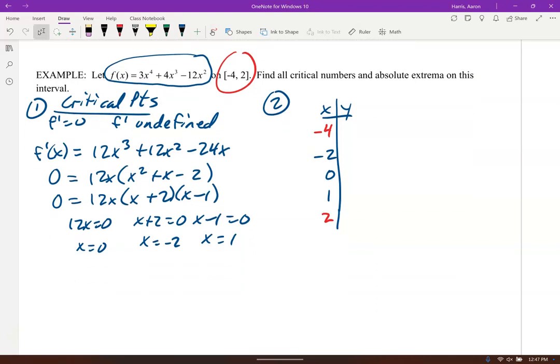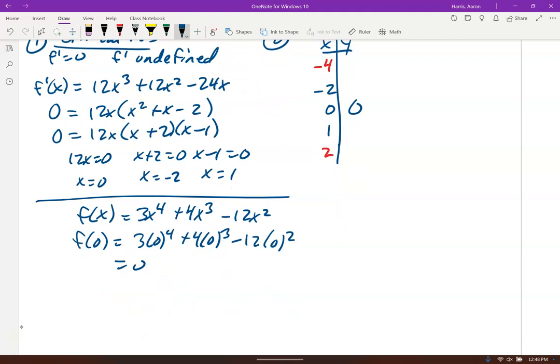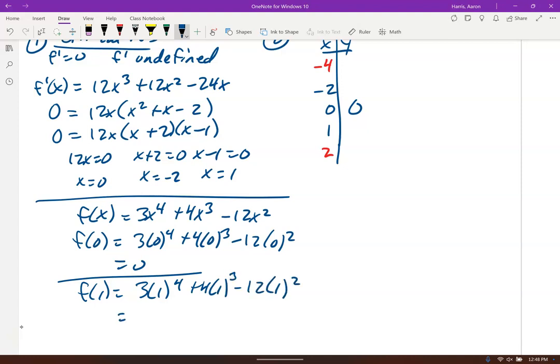So here's my original function. F of x is 3x to the 4th plus 4x cubed minus 12x squared. Let's throw in 0 first. I get 0. That's an easy one. Now let's do the 1 next. F of 1, I get 3 times 1... so -5.